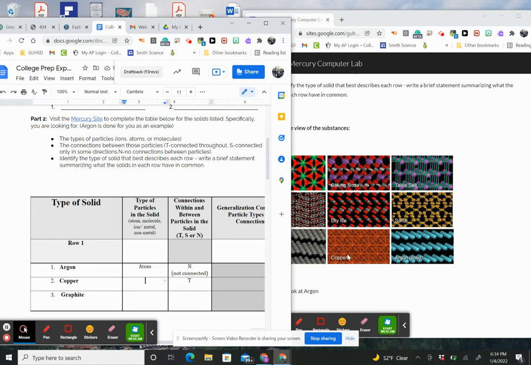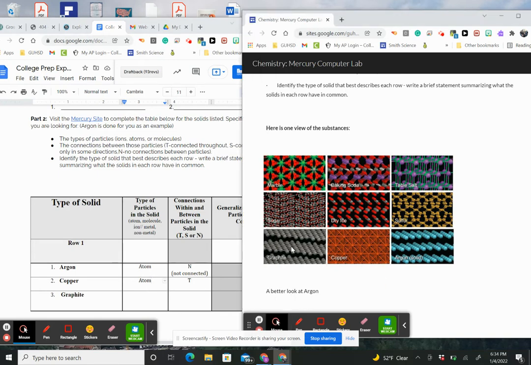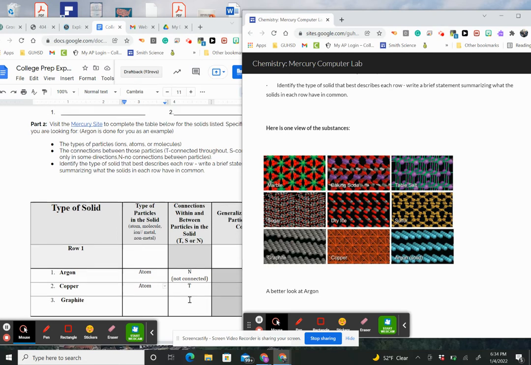Copper is one specific element, right? So I'm going to write that it is an atom. It's not a molecule. A molecule would be something that has more than one atom, and I can see there's only one type of atom here. Then I'm going to do the same thing for graphite, which is right here, and figure out what kind of connection that is.